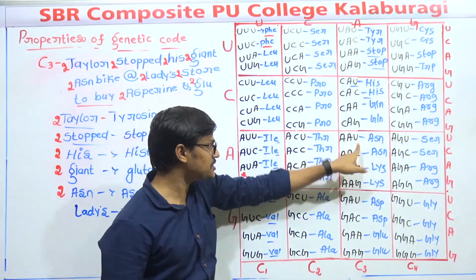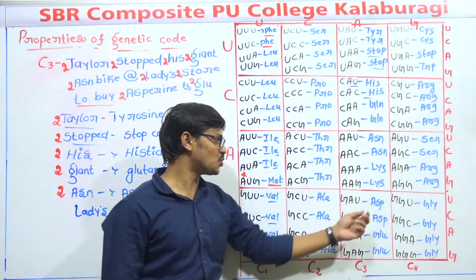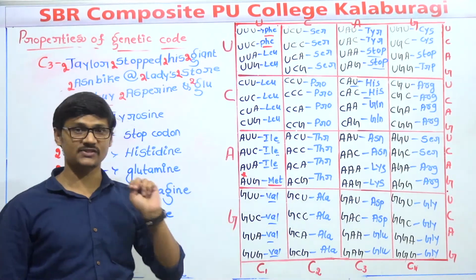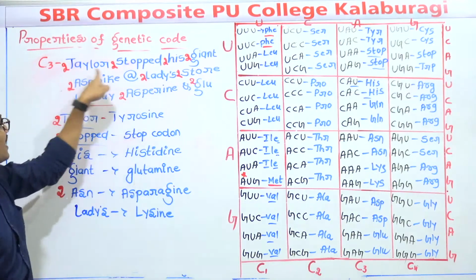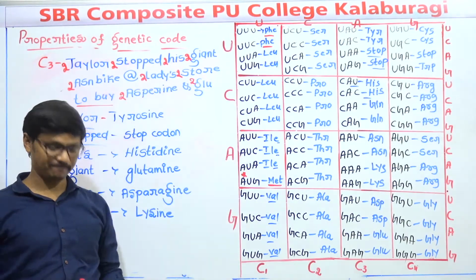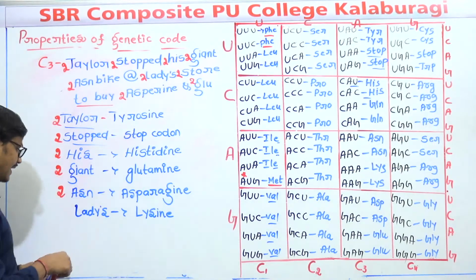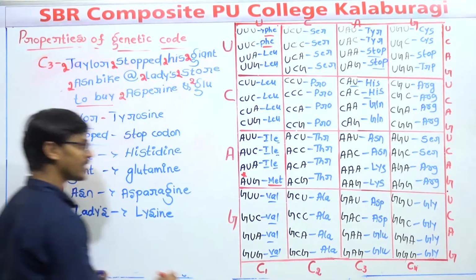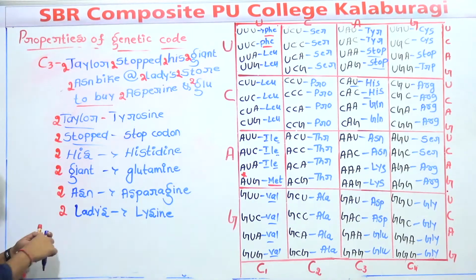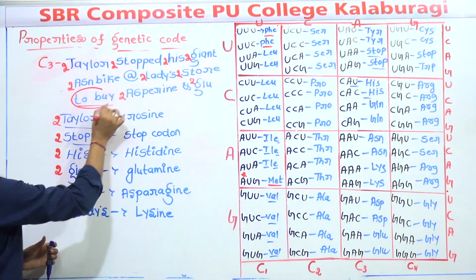For asparagine, 2 codons. Lysine, 2 codons. Aspartic acid and glutamic acid, for every amino acid there are 2 codons. That's why everywhere I have written 2 to show that there are 2 codons.